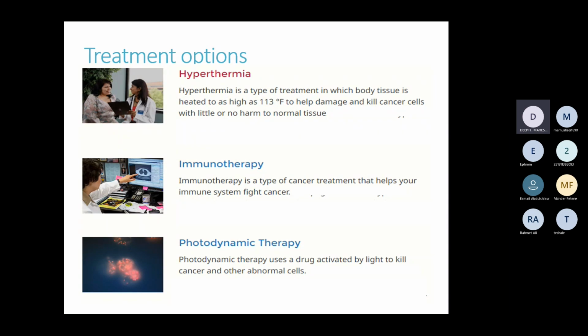So basically here you provide a lot of heat to the area where cancer cells are present, and then only the cancer cells get killed or damaged and they don't affect the normal tissue. So those precautions are taken. That is called hyperthermia.